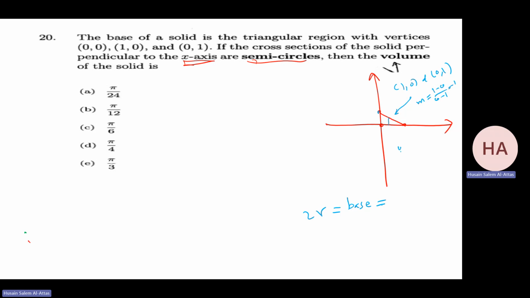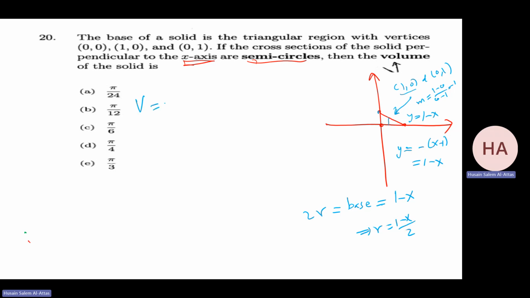So the line will be y minus 0 equals minus (x minus 1). So it will be 1 minus x. This is the line y equals 1 minus x. This is what I need, and that is equal to the base. So r will be (1 minus x) over 2.